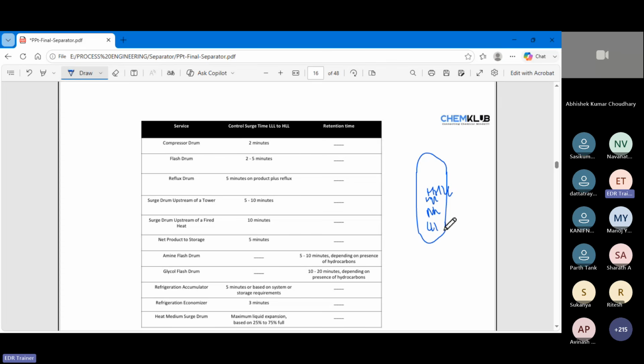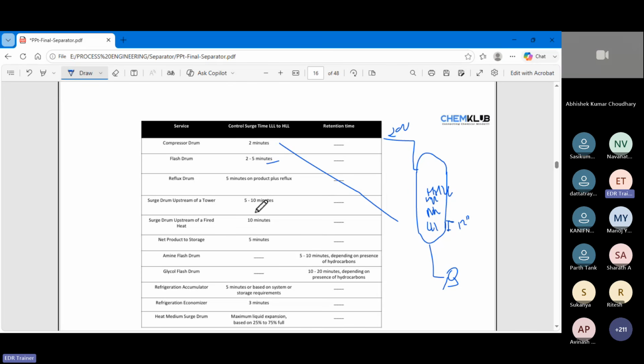Some companies explicitly say you have to take a value of 12 inches for the low liquid level. Then you have to calculate the low level to normal liquid level by keeping this residence time. Suppose your bottom flow rate or inlet flow rate is 200 meter cube. According to that, you keep a residence time of 2 to 5 minutes.